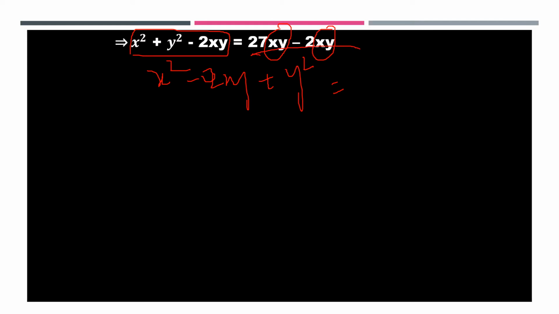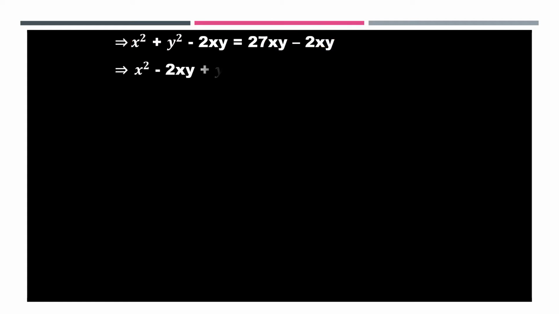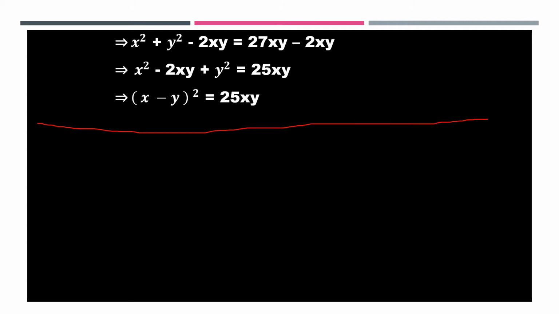So 27xy minus 2xy is 25xy. So I can write like this 25xy. Now we got the formula like x minus y whole square. Now here instead of this one, I can write x minus y whole square. So x minus y whole square equal to 25xy. So till here it is very important. Just don't forget, don't bother about this, don't confuse.